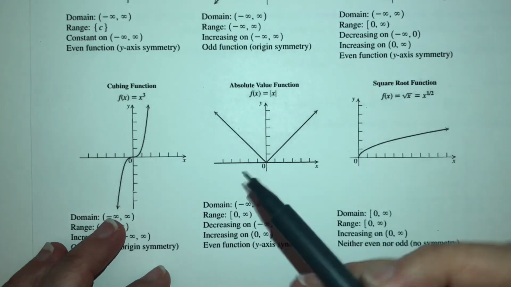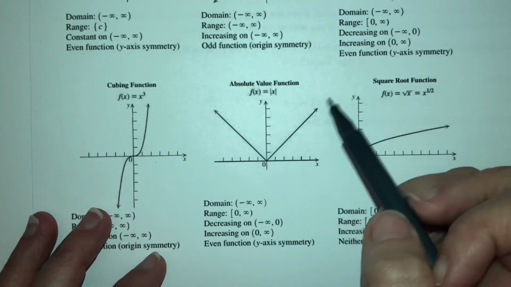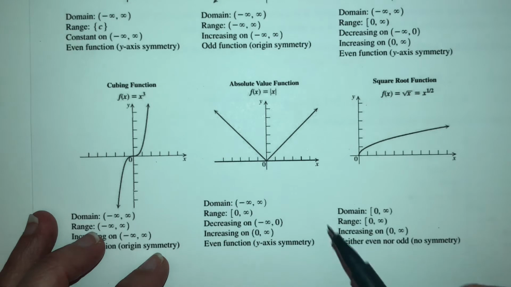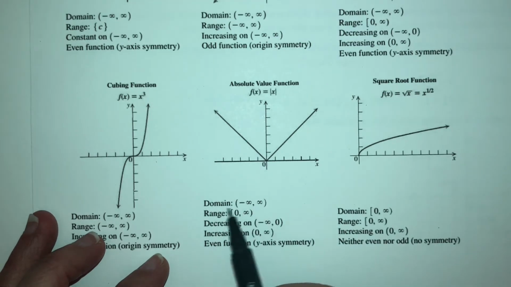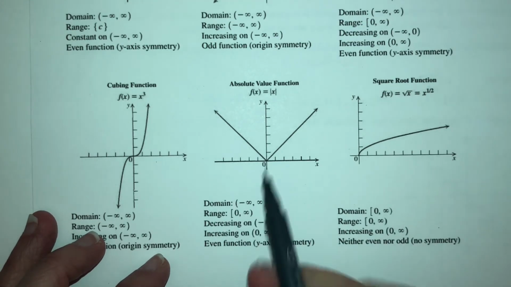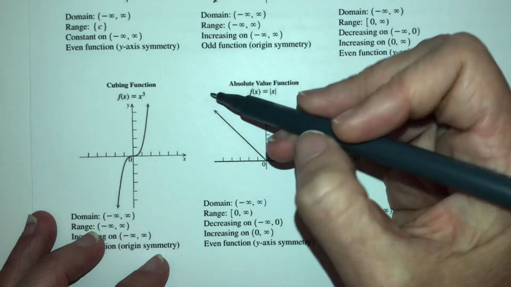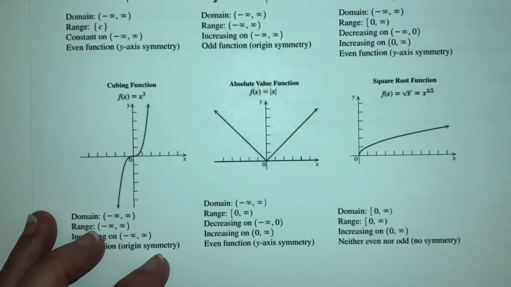If you look in your textbook, you will see where they define the absolute value function as a piecewise function. But your domain, you can plug in any value of x, but when you take the absolute value, you will only get a positive answer or 0. Your graph is going down here and going up here, and it is even because you can fold on the y-axis and it matches up.